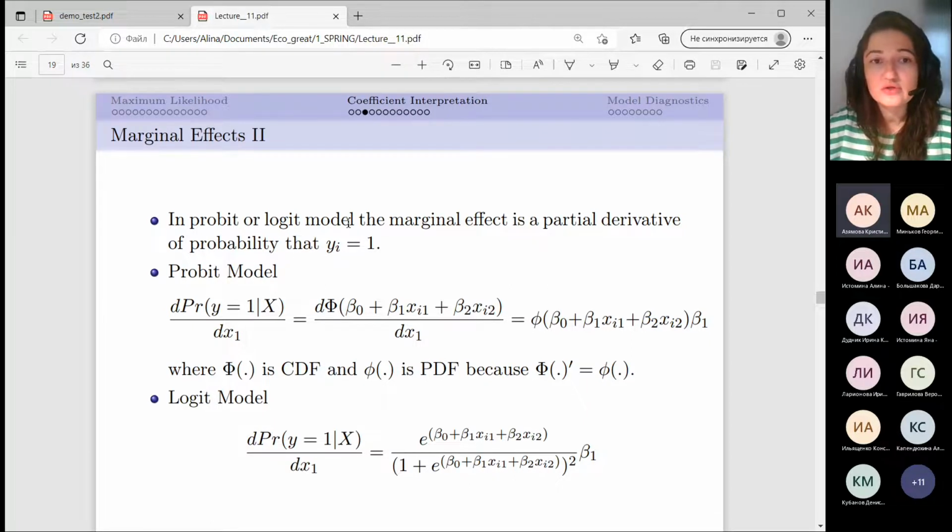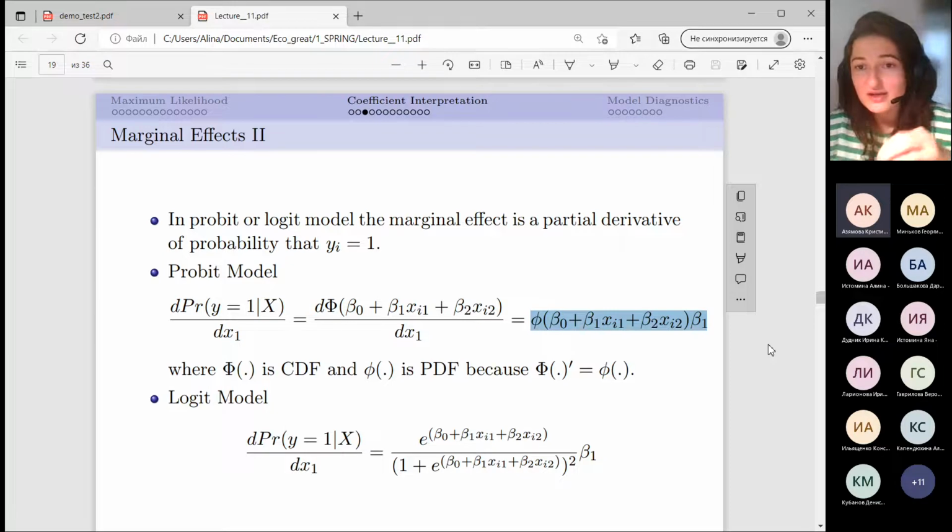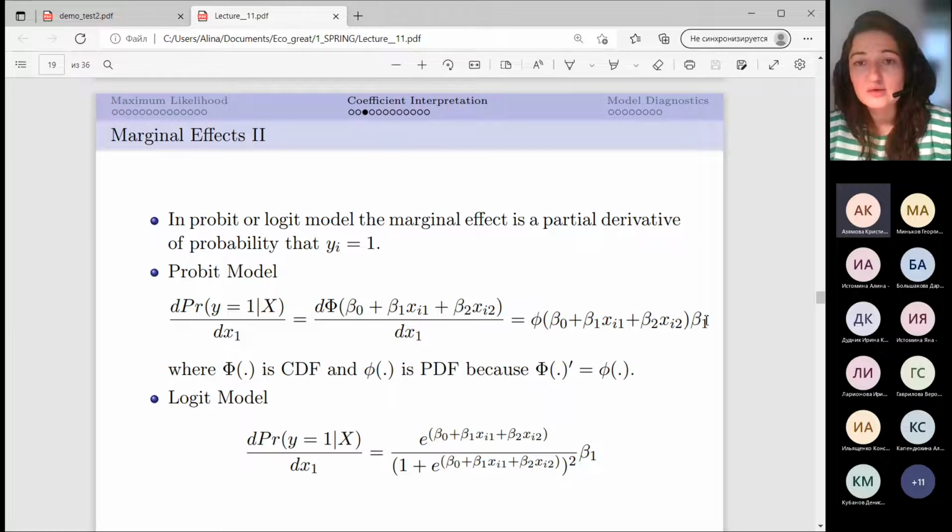If you want to interpret the beta parameters straightforwardly, it will be very difficult, because when you take the partial derivative of the probit model, you obtain this expression. What does it mean? It means that this is the probability density function at beta 0 plus beta 1 x1 plus beta 2 x2, times beta 1.